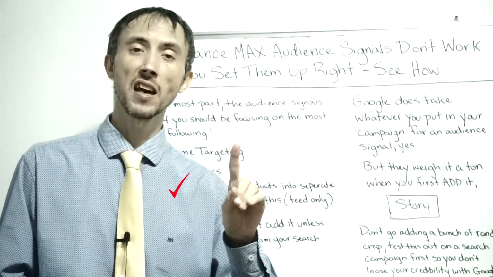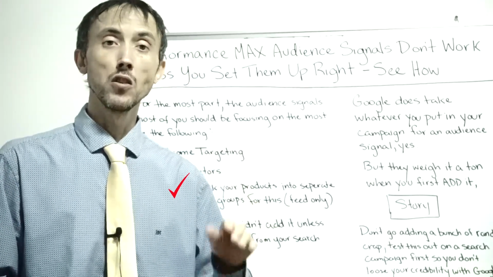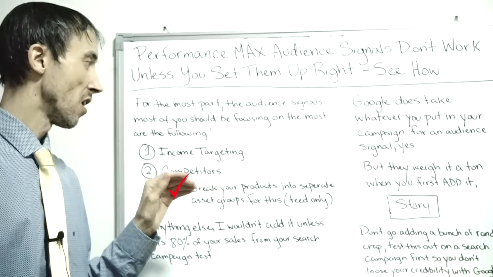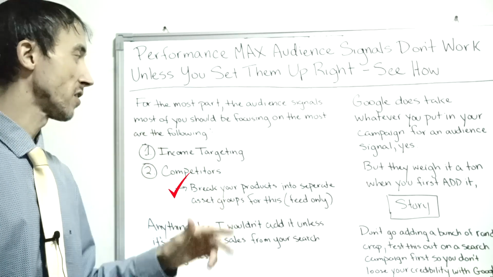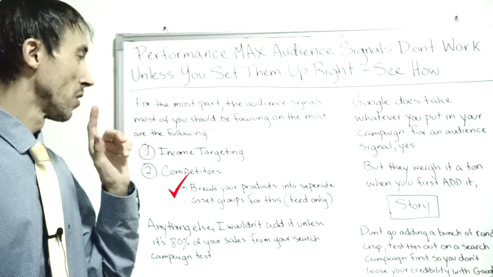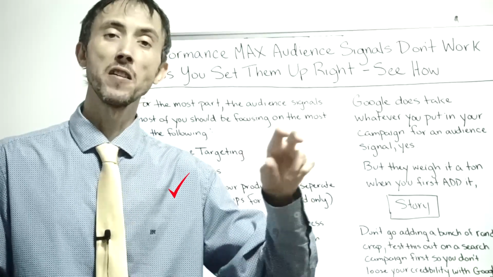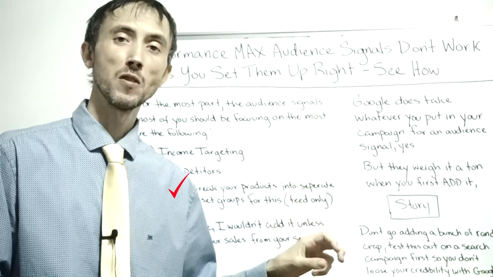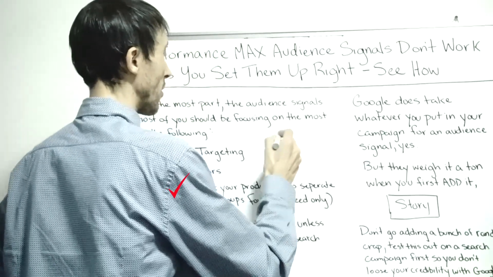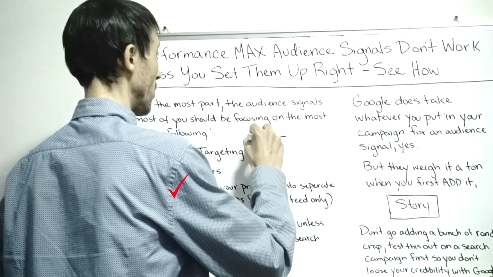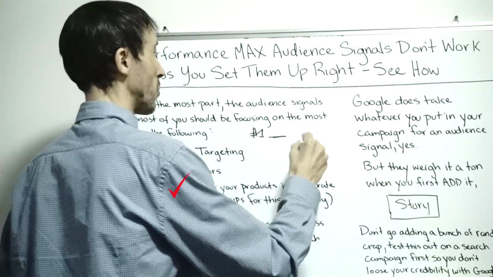And I know that sounds excessive, but the reason why you do it is because then you can have an audience signal that specifically targets competitor products of each individual product you sell. So ultimately, if you sell product number 1, you could find all the direct competitors of product 1.